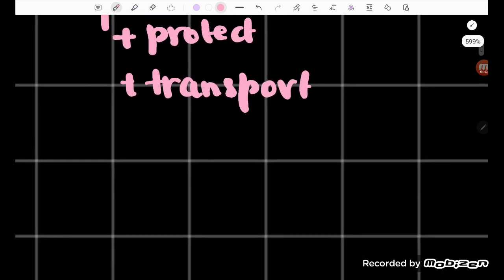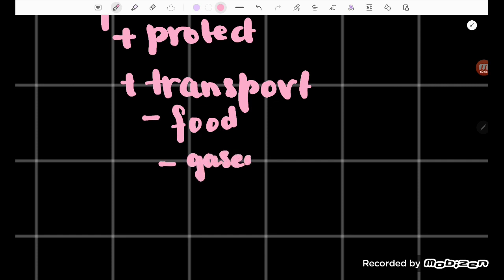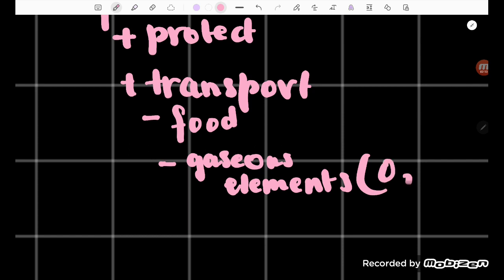What does it transport? All types of digested food, and oxygen, carbon dioxide, technically all the gaseous elements that our body needs. Examples of this are of course O2, CO2, etc.